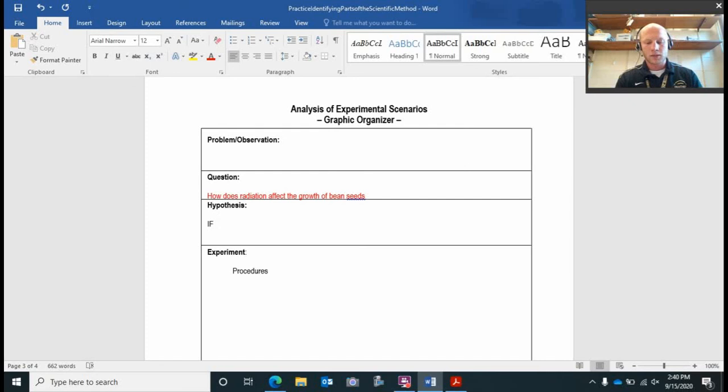So if we put the seeds in the microwave for a longer period of time, then fewer bean seeds will germinate.